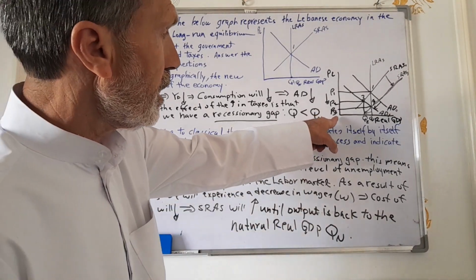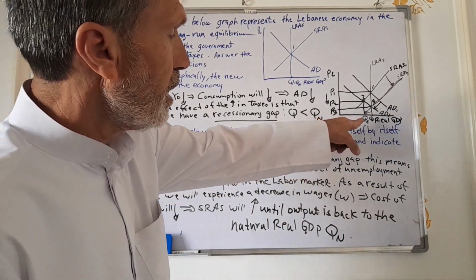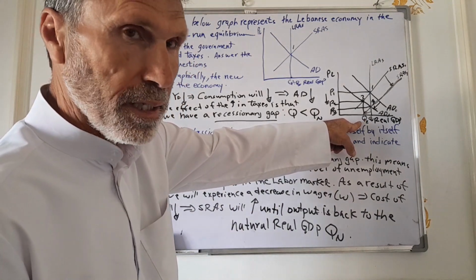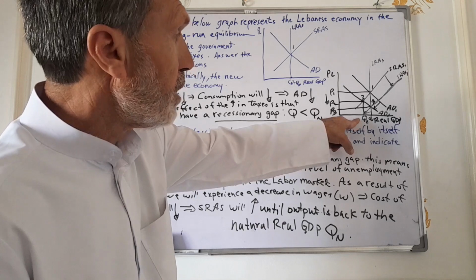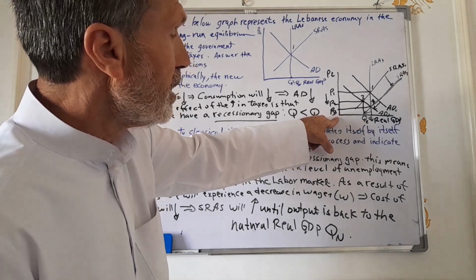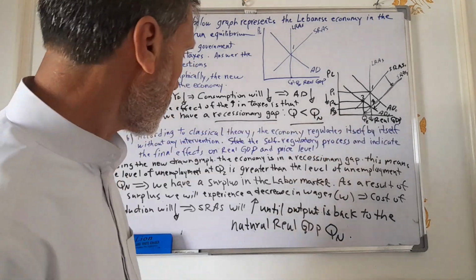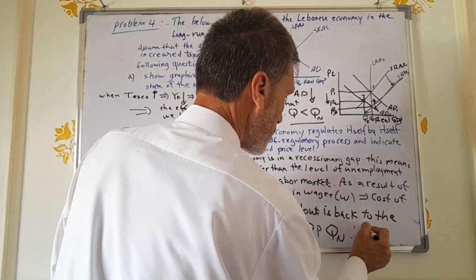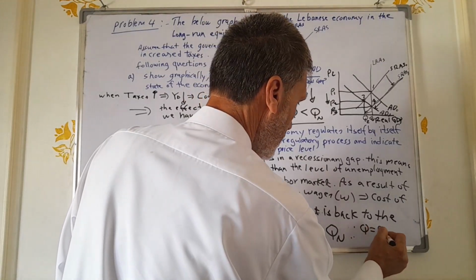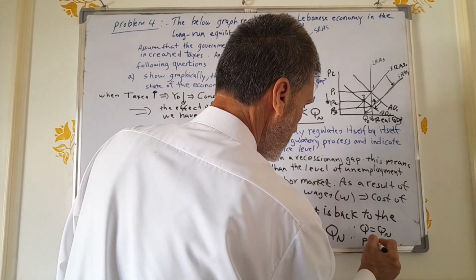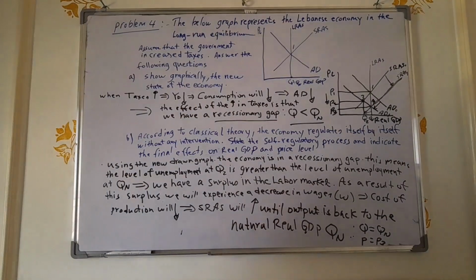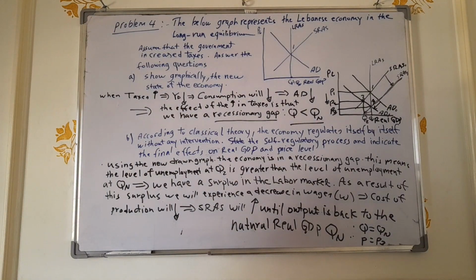As you can see, the final effect is that output is back to long run output, which is QN, but the prices went down to P3. Okay, so here we can see that Q equals QN and price is equal to P3. These are the final effects of this whole process.